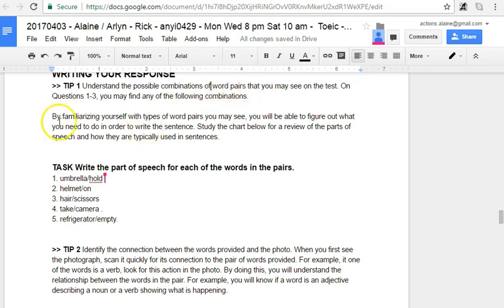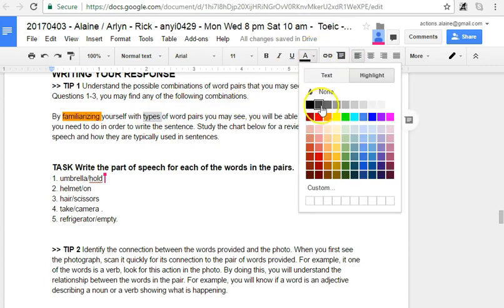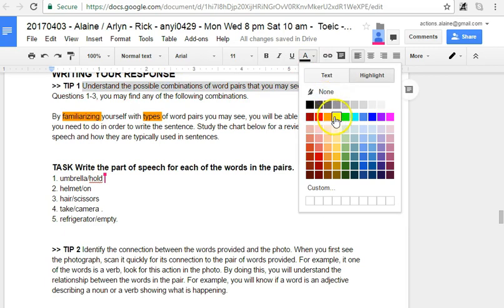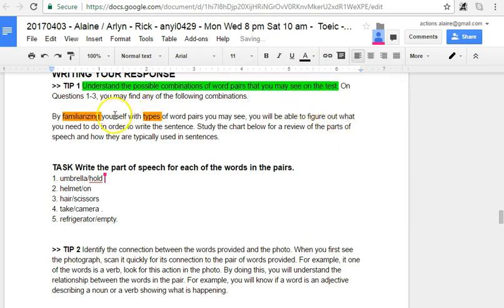By familiarizing yourself with the types of word pairs you may see, you will be able to figure out what you need to do in order to write a sentence. Study the chart below for the review of the parts of speech and how they are typically used in sentences. All right, very good. So, again, for writing the response, you have to understand the possible combinations of word pairs that can be shown on the test.